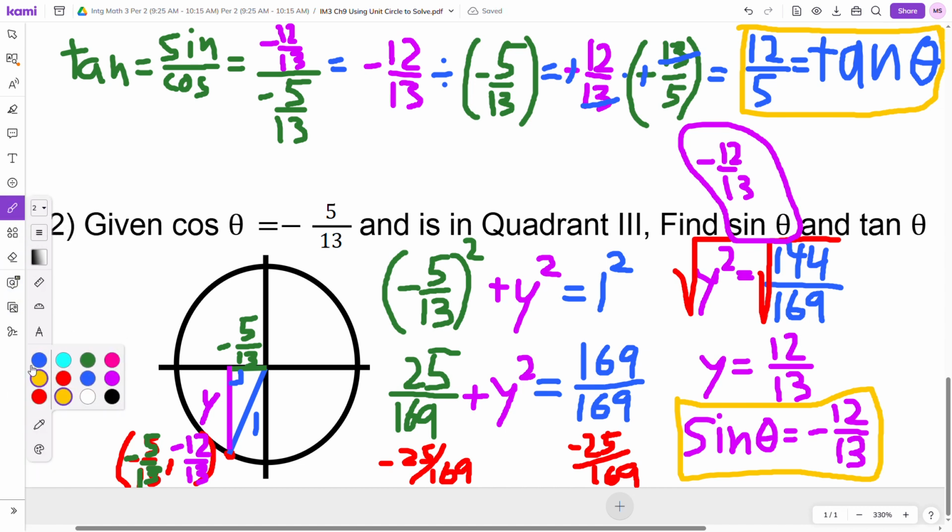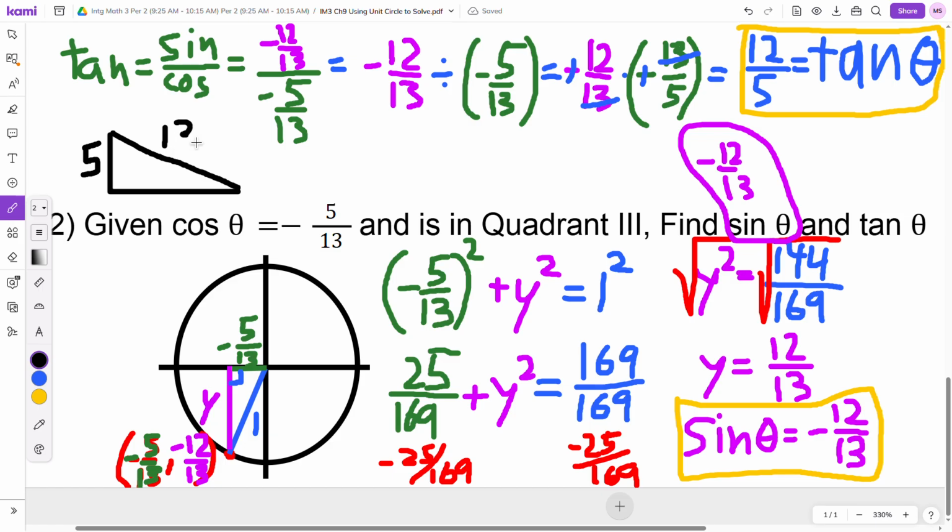If you know the cosine is -5 over 13, I'll just draw some random triangle and put the numerator on one side, and the denominator is, of course, the hypotenuse because cosine is adjacent over hypotenuse. And then I'll just use the Pythagorean theorem on this.